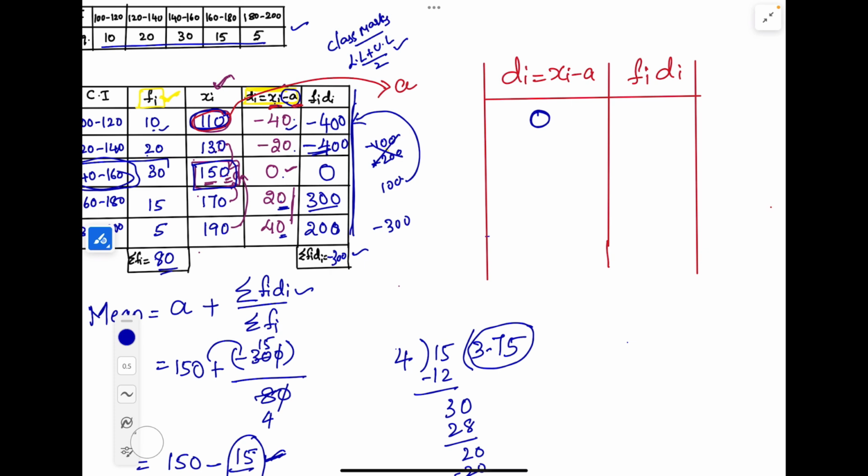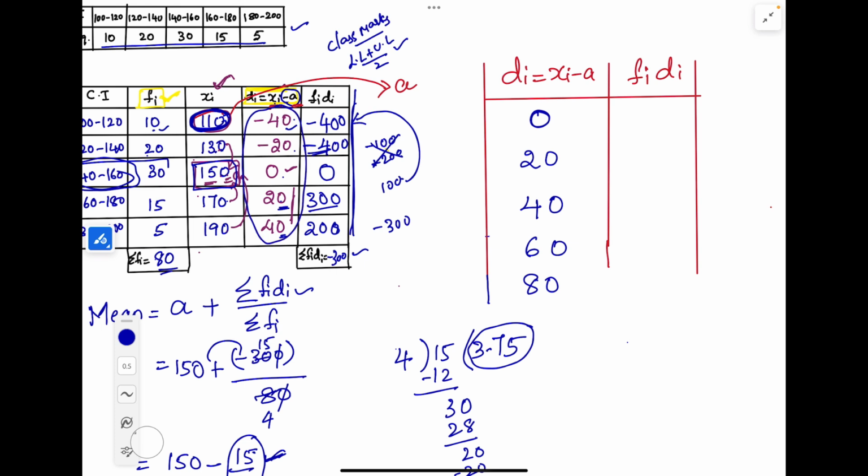Next, Xi is 130. 130 minus 110 is 20. 150 minus 110 is 40. 170 minus 110 is 60. 190 minus 110 is 80. Okay. Children, whenever you take the first value as your assumed mean, you will not get any negative numbers.